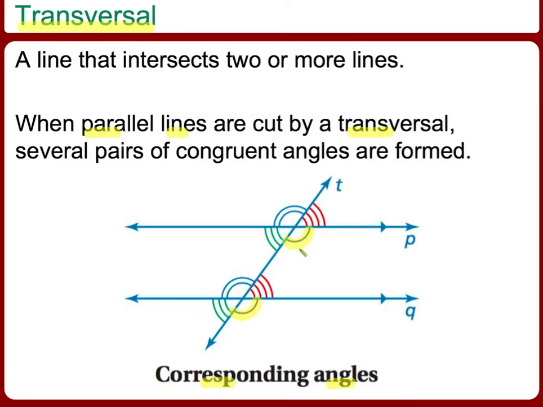So the two purple ones are congruent, the two blue ones are congruent, the two green corresponding angles are congruent, and the corresponding red arced angles are congruent.